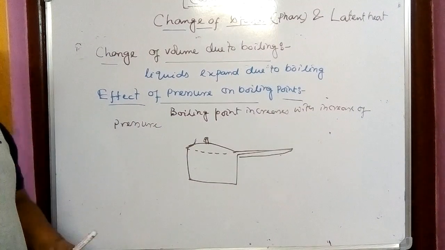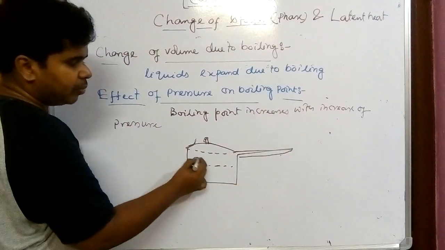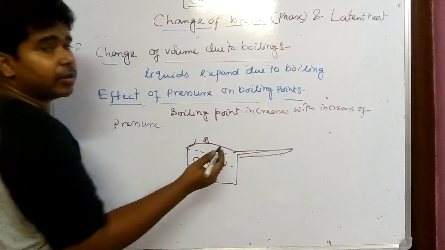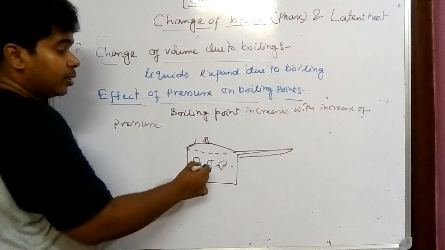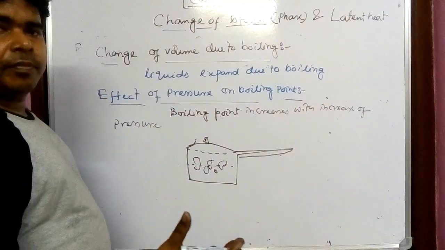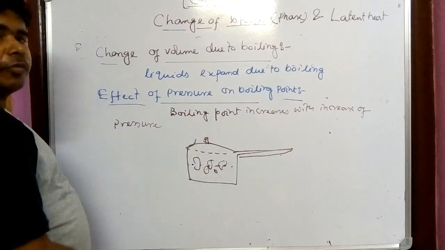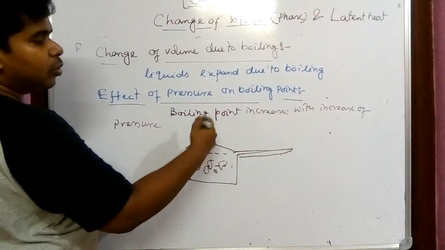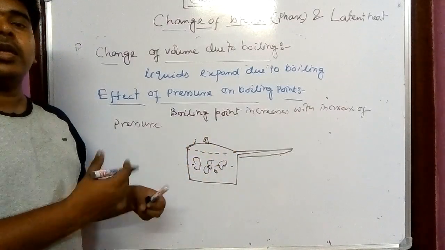So how does it work? We put water inside it and the vegetables or whatever substance we want, it may be chicken, it may be mutton. After that, we put it over the fire. Then what will happen? This water is converted into vapor, but it cannot come out, so the pressure is increased.